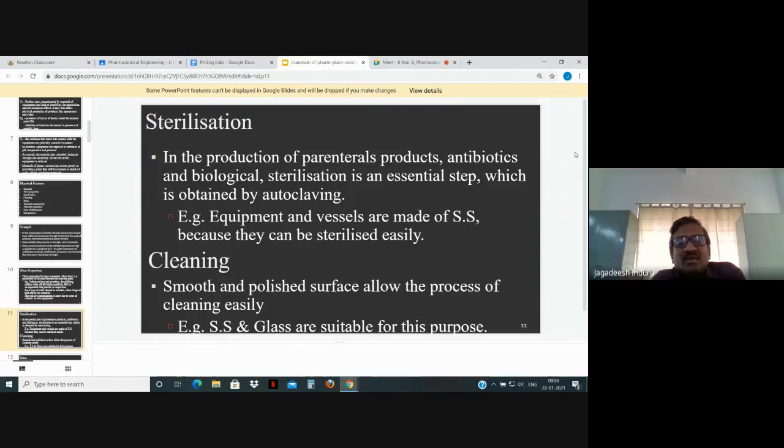This is possible with SS, that is stainless steel, and glass, and they are very good. You can achieve very smooth and easily cleanable surfaces. If the surface is rough in nature, with crevices, or has imperfections and ups and downs, your material gets entrapped in that, making cleaning very problematic. Not only problematic, your detergent may be entrapped in that, and it causes further contamination.